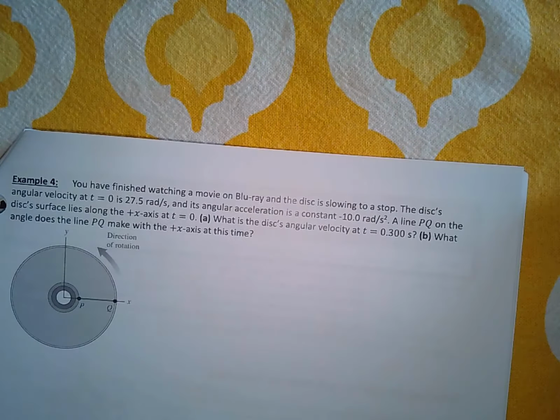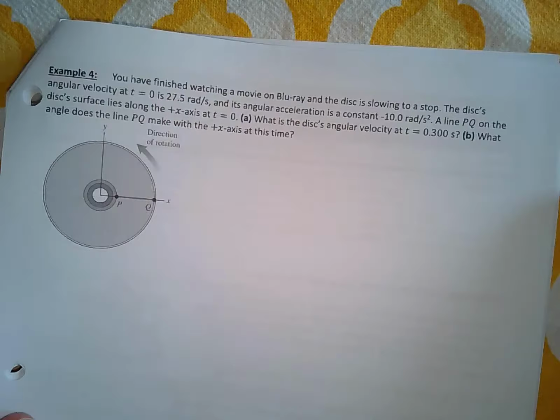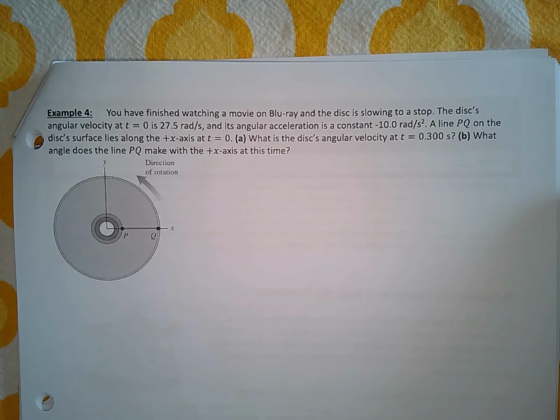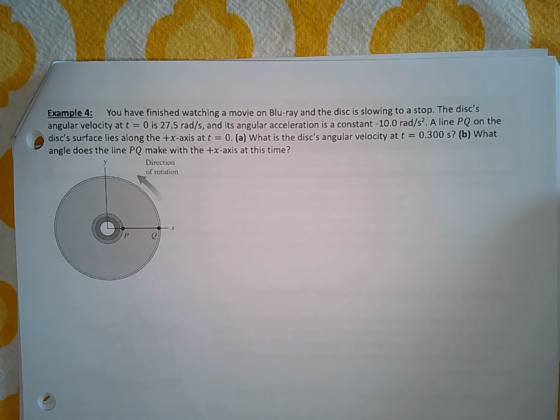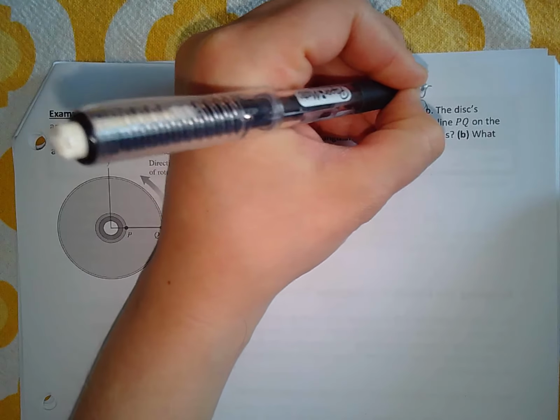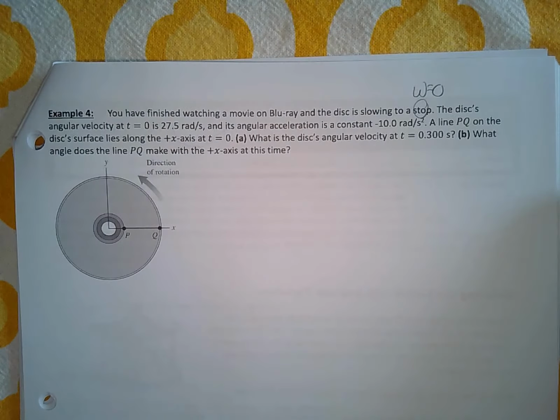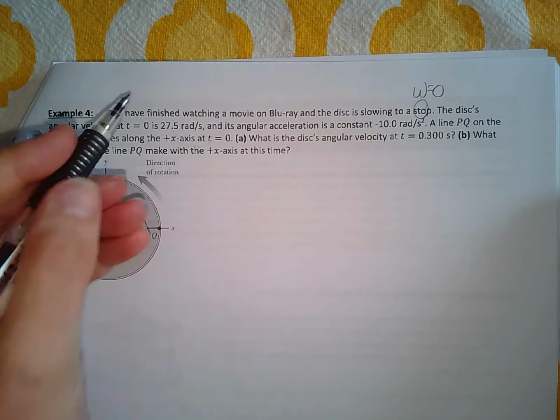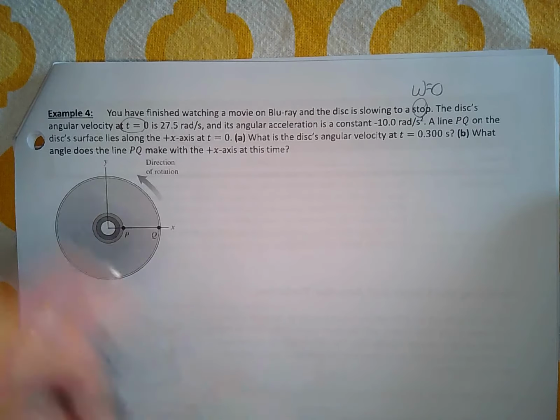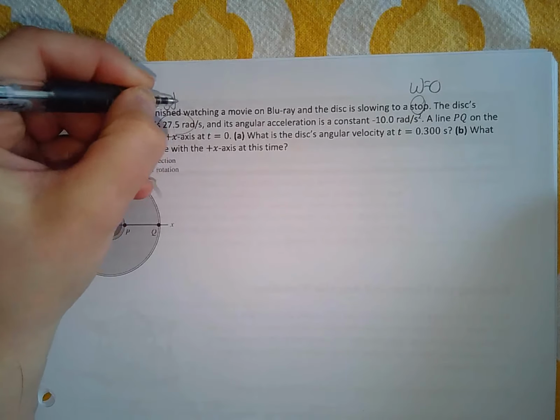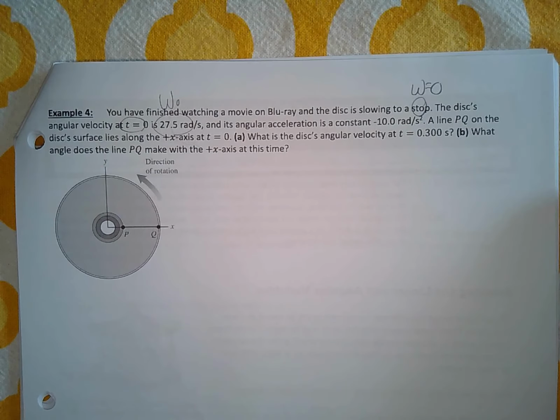All right, let's do this. You have finished watching a movie on a Blu-ray, and the disc is slowing to a stop. Stop means angular velocity at the end is 0. The disc's angular velocity at the beginning of the problem is the original angular velocity.